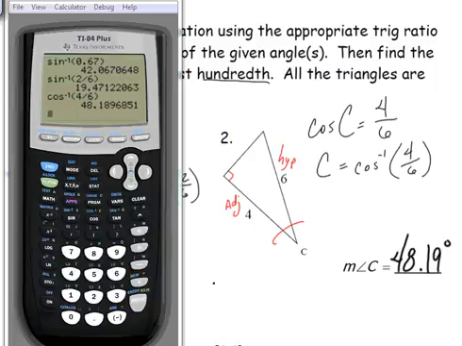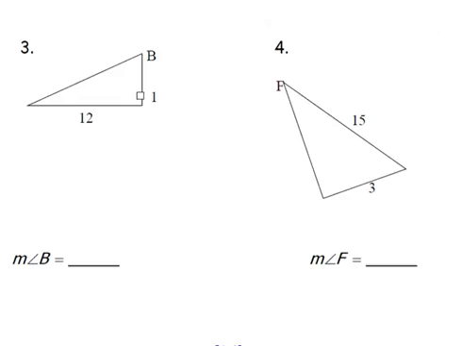Okay, and a couple more examples here. Our next one. Here I got my right angle. Looking for angle B, so this is my opposite side. This is my adjacent side. So I'm going to be doing the tangent. So I have the tangent of angle B is equal to the opposite over the adjacent.